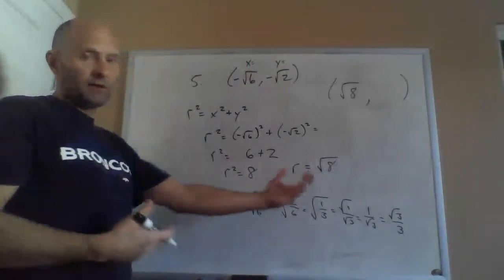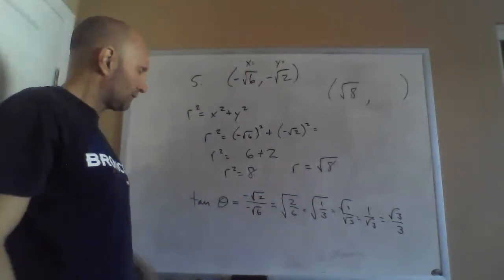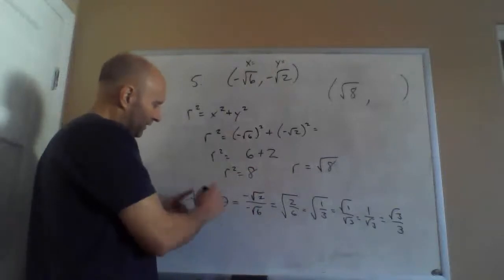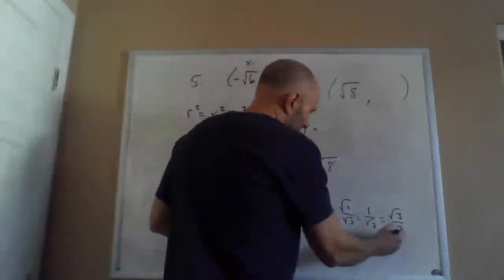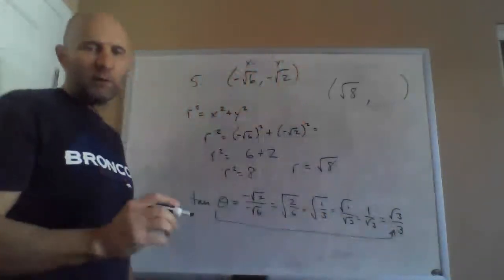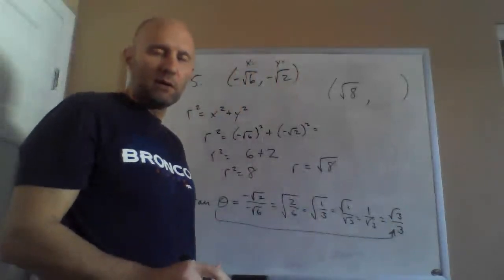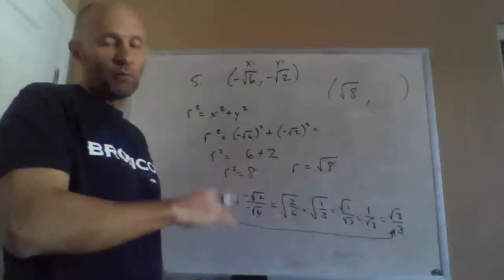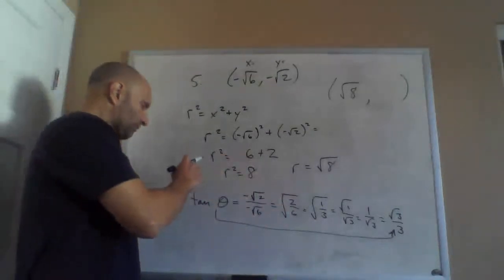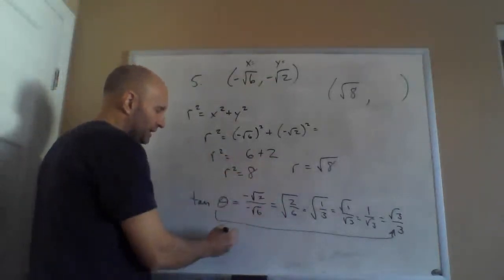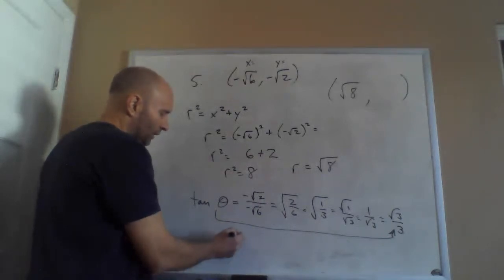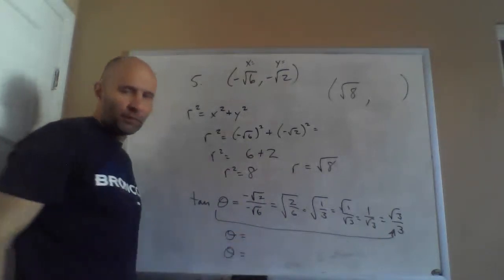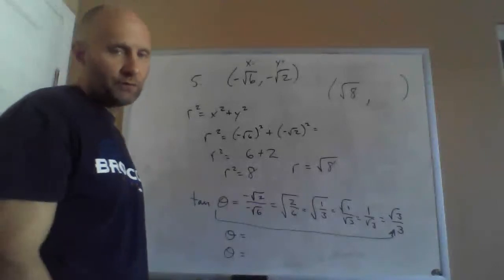So why did I rationalize it? To give me something that I'm used to seeing. So now, after all of this, it says tangent of theta is equal to square root of 3 over 3. So where on the unit circle is tangent of theta equal to square root of 3 over 3? And we actually have 2 locations.